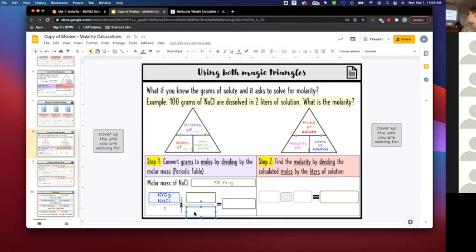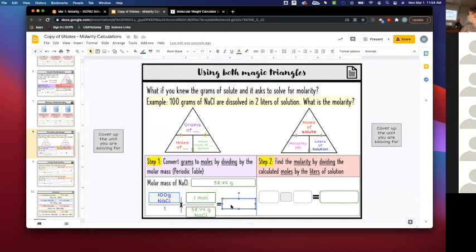So we're going to do our molar mass, 58.44 grams of NaCl. And then up on the top, we're going to do 1 mole. So we got to go from grams to moles first. That's the part that gets complicated, but you've done it before, so not too bad.